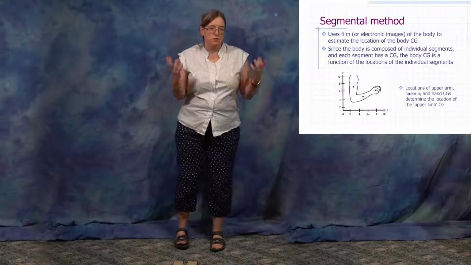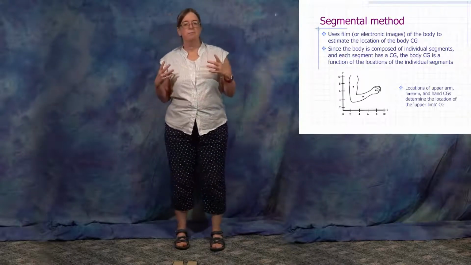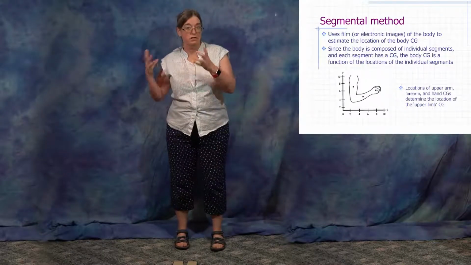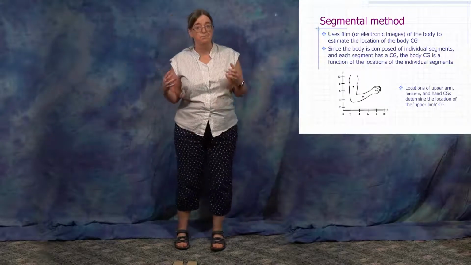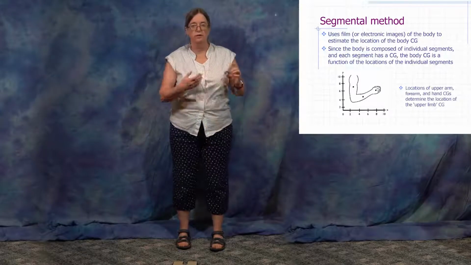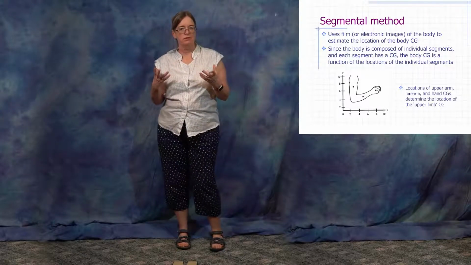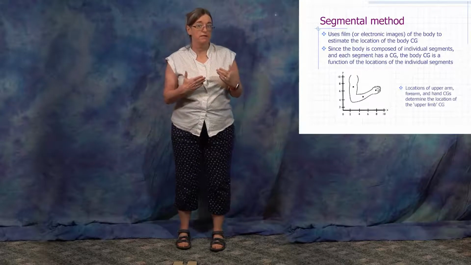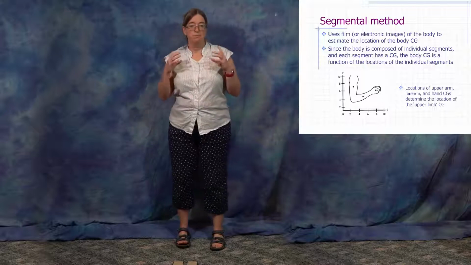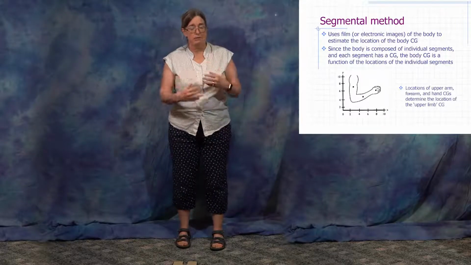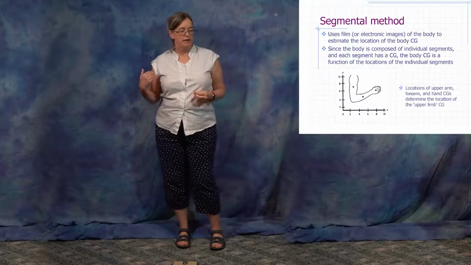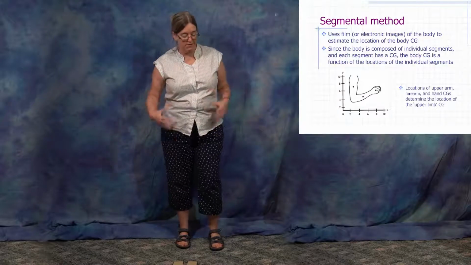We use an electronic location, some film or digital images of the person, and we use known joint locations, bony landmarks, to figure out where the center of gravity of the segment is. And since each body is composed of a number of segments, we can take where each of the individual centers of gravity are and combine them all to find the combined center of gravity.